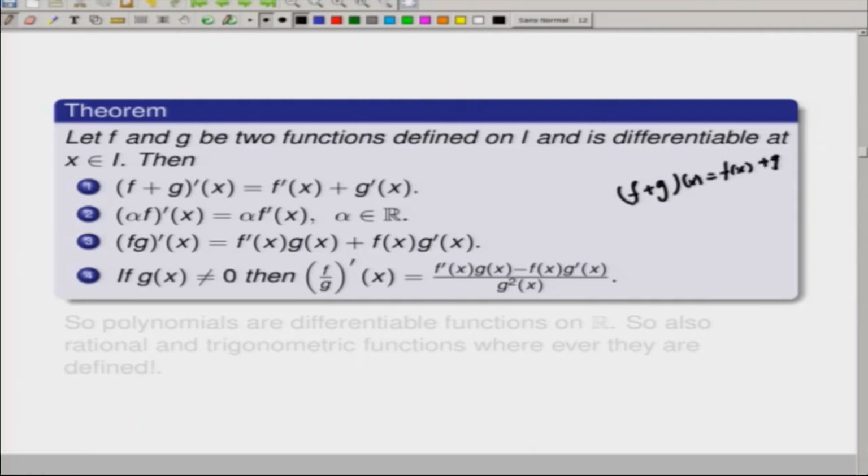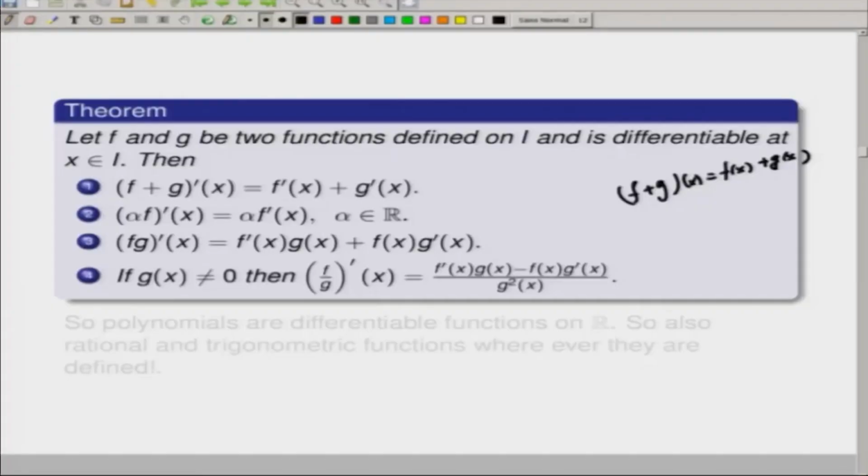So, f plus g is also going to be differentiable at that point, and its derivative is going to be the sum of the derivatives, f prime of x plus g prime of x. Similarly, if we take a scalar alpha, alpha f is another function. If f is differentiable, then alpha f is also differentiable for any alpha belonging to R, and the derivative is alpha times f prime of x.